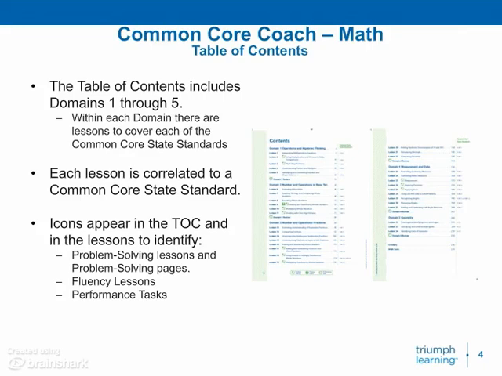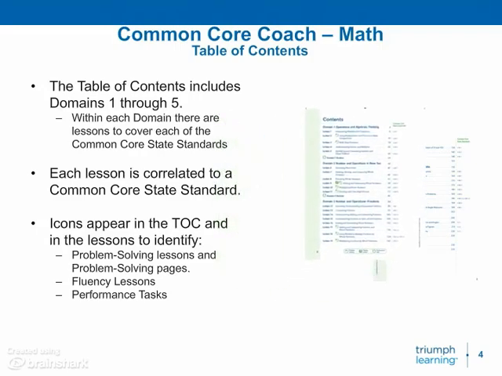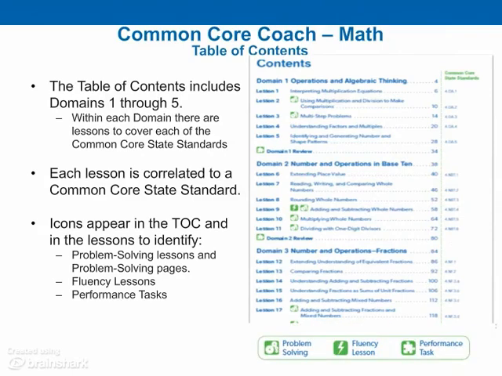The table of contents in the student book includes the lessons for domains 1 through 5. As stated earlier, each lesson is correlated to Common Core State Standards, and there are multiple icons on the table of contents to identify key features of the text. When you see a gear icon, that represents a problem-solving feature activity.